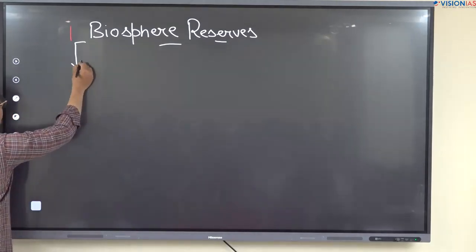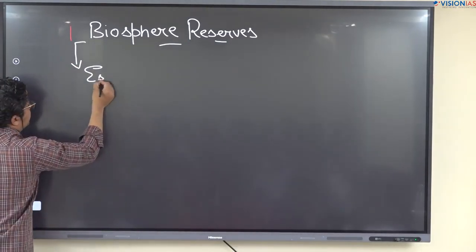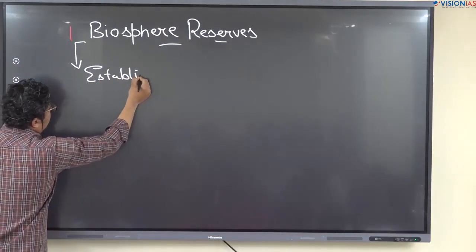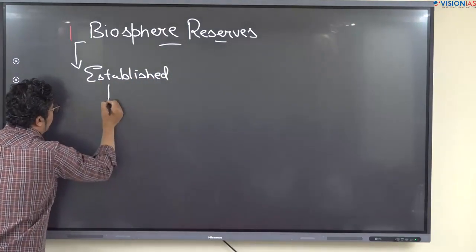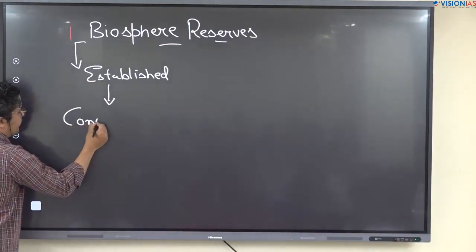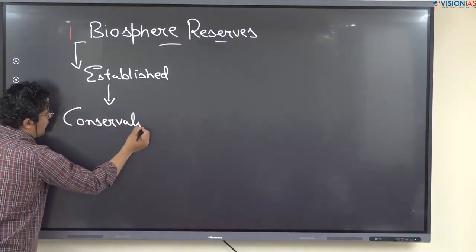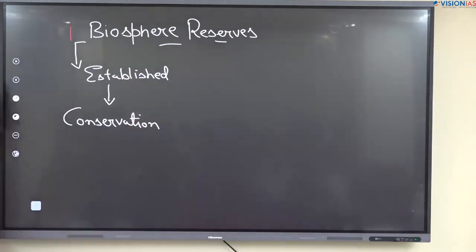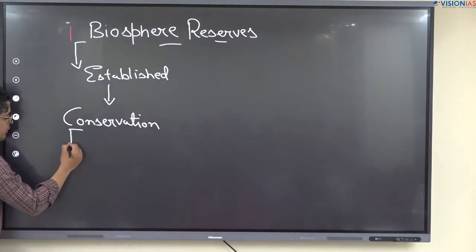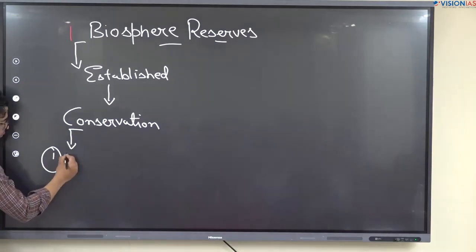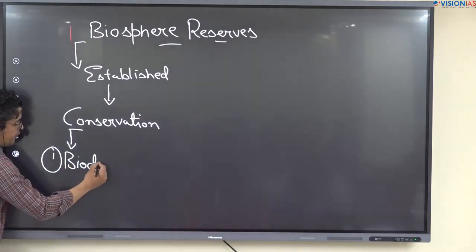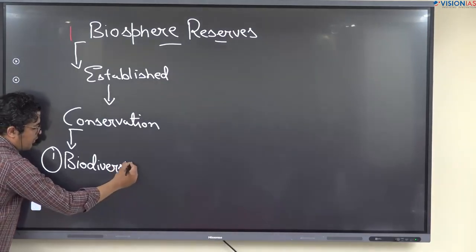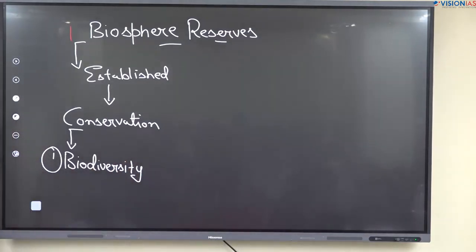Biosphere reserves are established for conservation. Conservation of what? Conservation of nature, conservation of biodiversity. It is in the name itself, biosphere reserve. Why will we establish them? Because we want to conserve biodiversity.